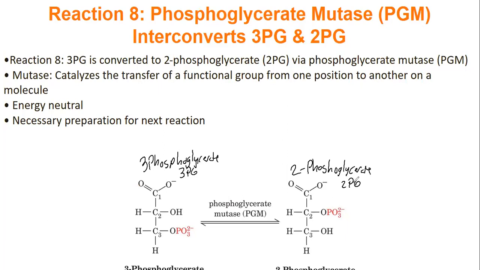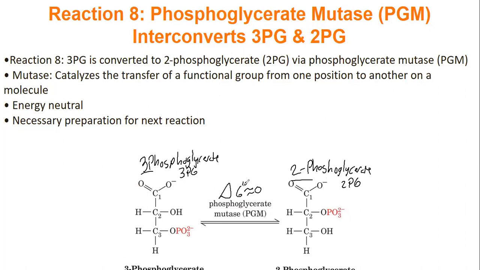A mutase is simply moving a functional group around. So phosphoglycerate mutase works on phosphoglycerate, and it's just moving a group around. All we're doing is moving phosphate from carbon 3 to carbon 2. Tells you in the name that that's happening. You go from 3-phospho to 2-phospho. Net neutral. Delta G is roughly 0.